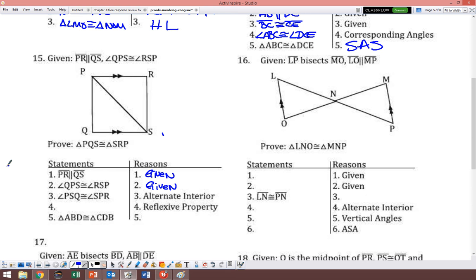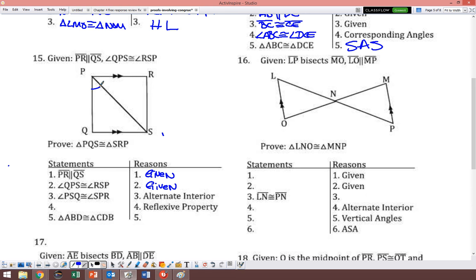Okay, so I have the markings for this. Do I have the markings for angle QSP? That's not marked yet, is it? So I have to go and find that one. So it's going to be QPS. So QPS, that means it's going to be angle P between Q and S. So it's this one here.